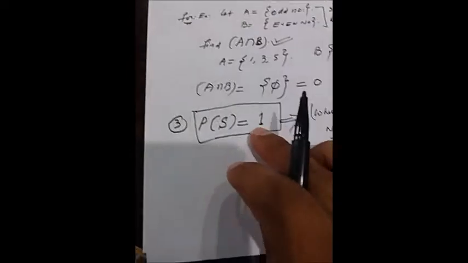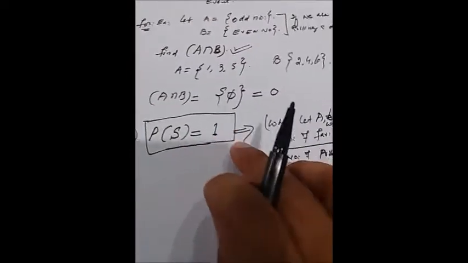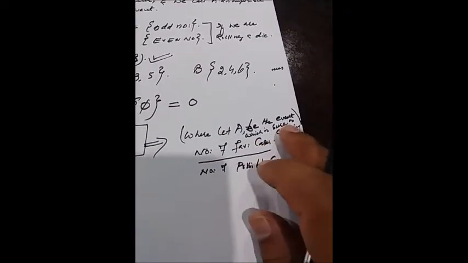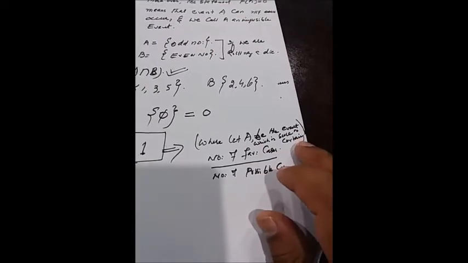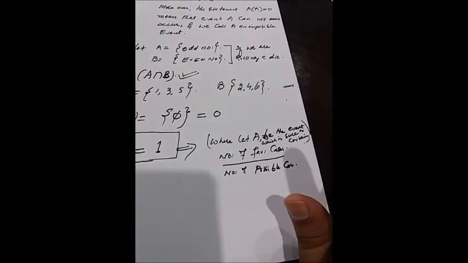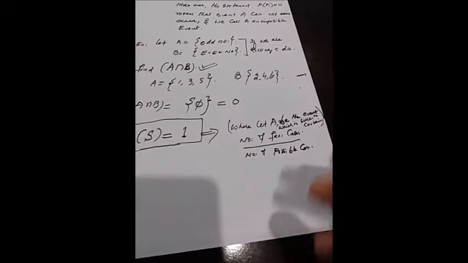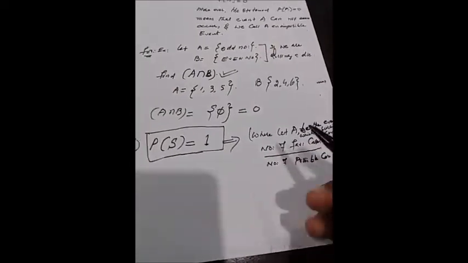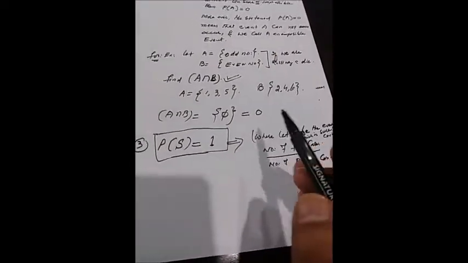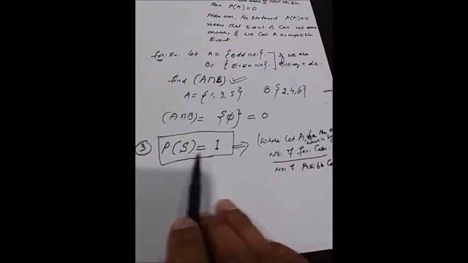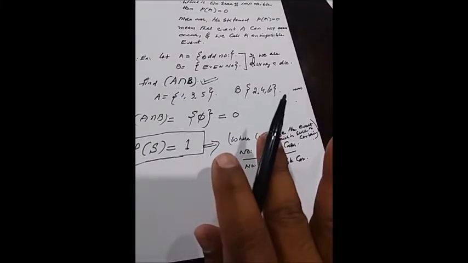So the probability of sample space is always equal to 1, where let A be the event which is sure or certain. We will be calling any kind of event which is 100% sure, 100% certain. So the probability of that event will always equal the sample space, which is equal to 1.